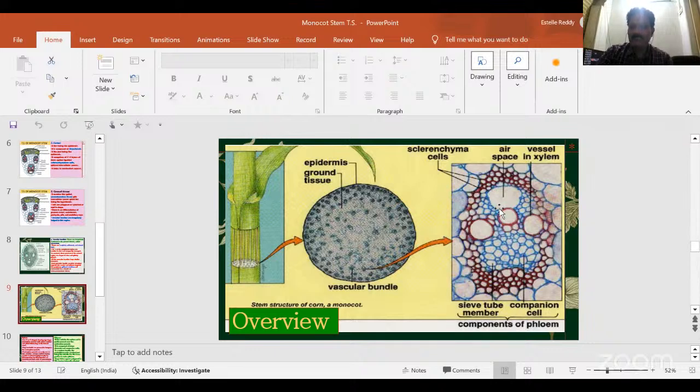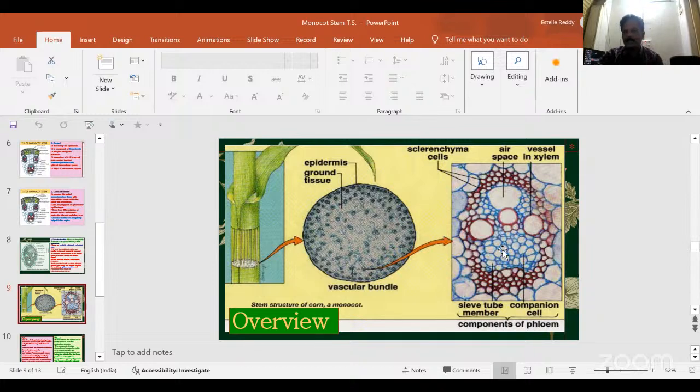This is seen in each vascular bundle of monocot stem. In each vascular bundle, there is an air space adjacent to the protoxylem, that is, air space or lysigenous cavity or protoxylem lacunae. This is about xylem. And there is the phloem.